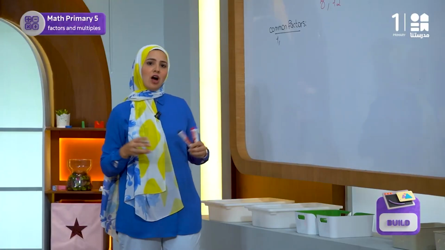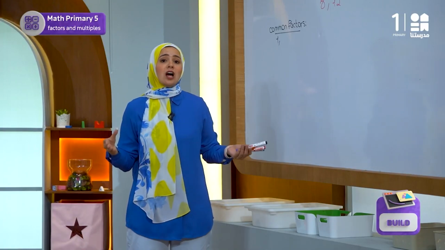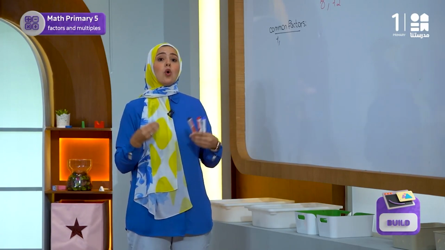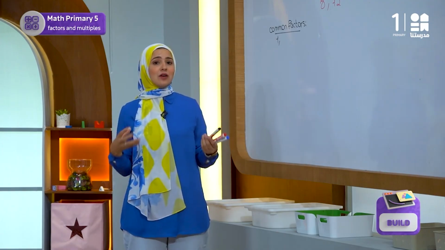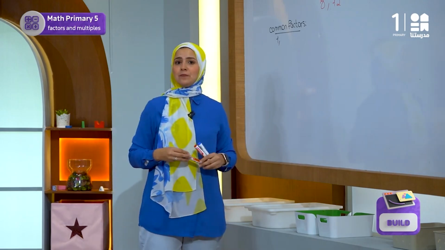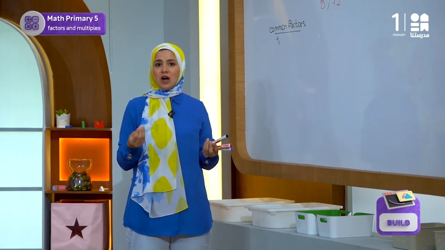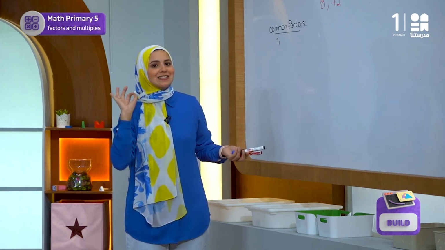What else can I think of? The second number that is also a common factor is what? I'm asking myself which number I can divide both 8 and 12 by at the same time. Since both numbers are even, we can divide them both by, excellent, 2.